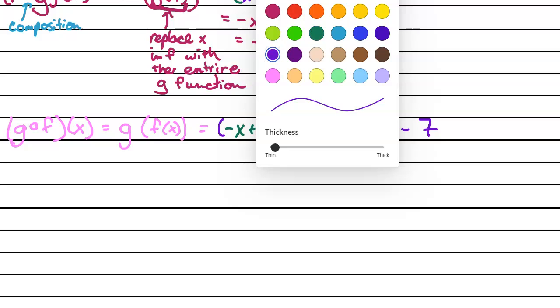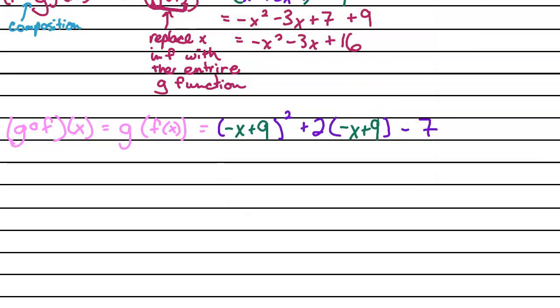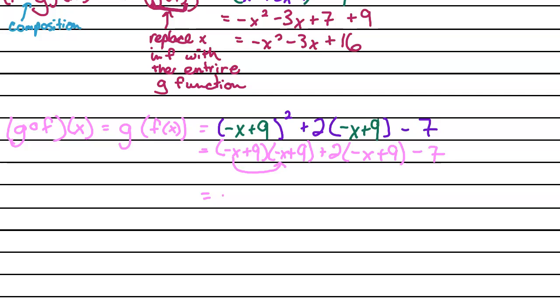Now I would multiply it out. So I would have a negative x plus 9 times a negative x plus 9, plus a 2 times a negative x plus 9 minus 7. Negative x times negative x, negative times negative would give me positive, so that would give me x squared.